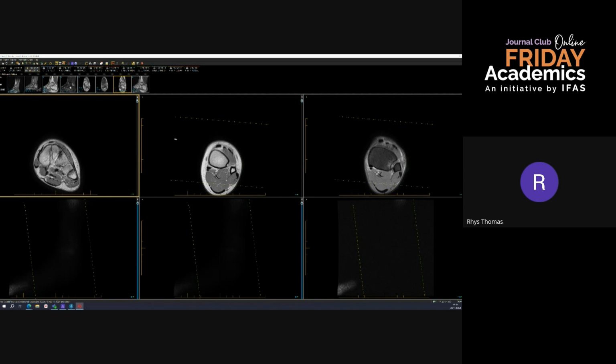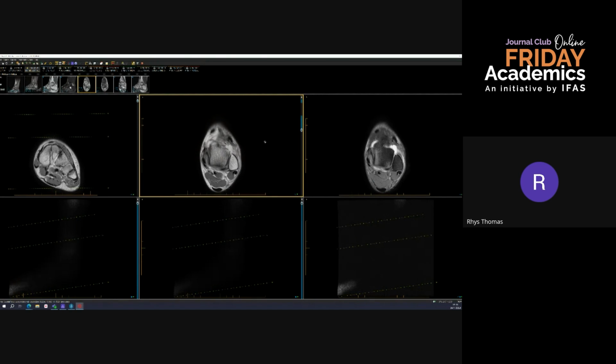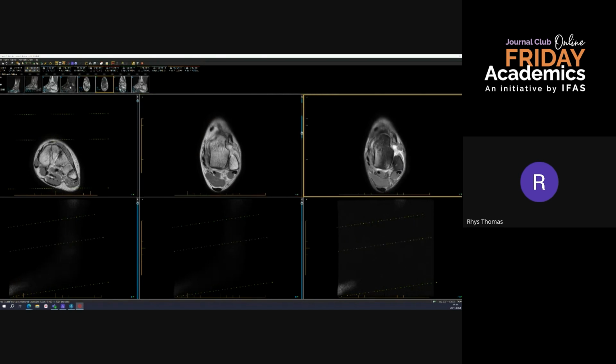So this is a young person who has a netball inversion injury, and they're wondering whether there's a syndesmotic tear. So we can see here that the syndesmotic ligaments are both intact. However, just below this, we've got a large amount of joint fluid, and we can see a thickened, hyperintense ATFL, which is not in continuity.